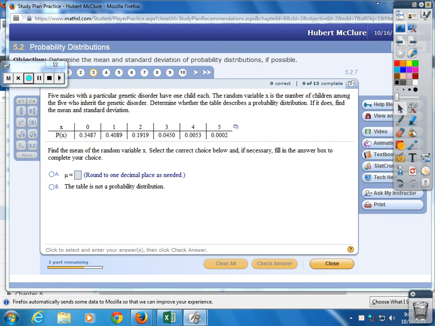Now what do you need to do to make sure before you start? You need to check each one to make sure they're between 0 and 1. And then add them all up, see if they're between 0.999 and 1.001. Do that first. I'd hate for you to waste a lot of time doing a problem that you can't do.